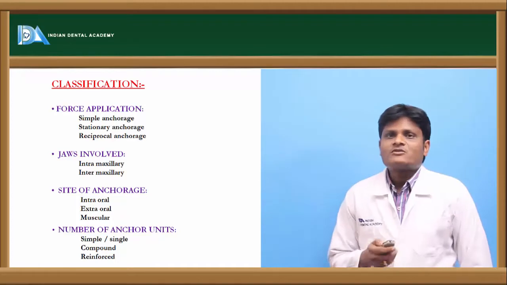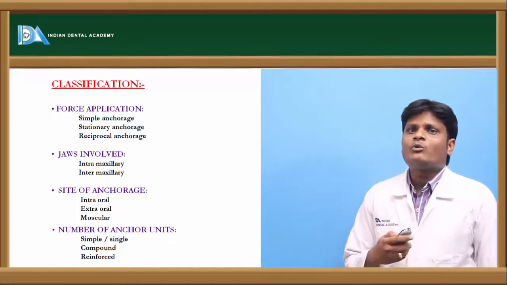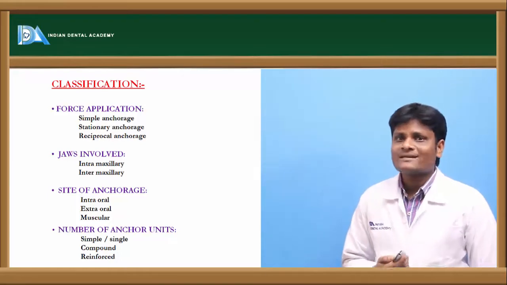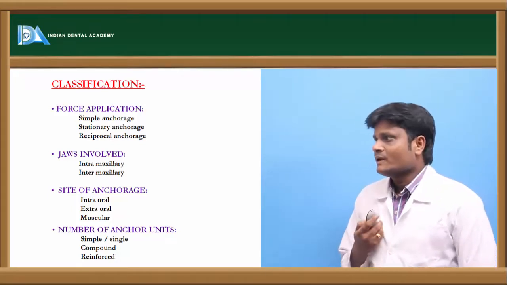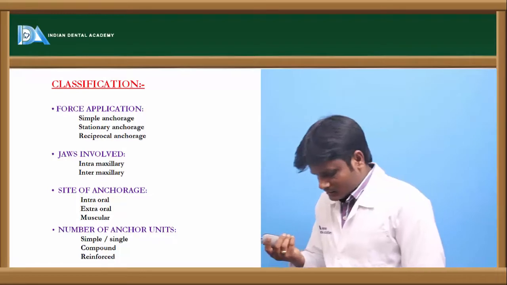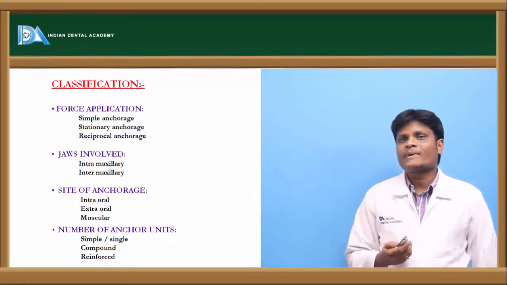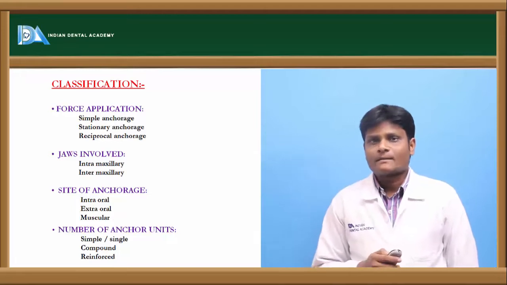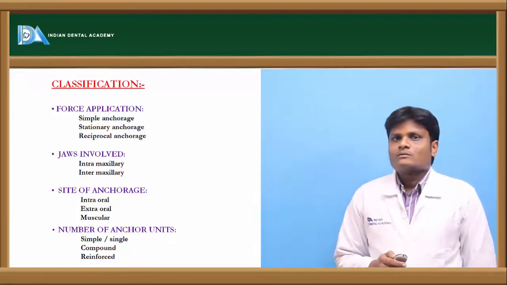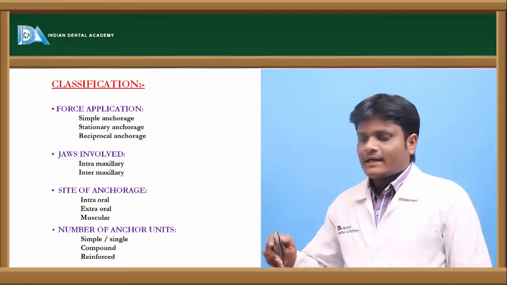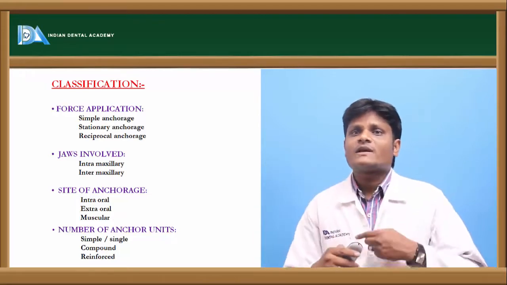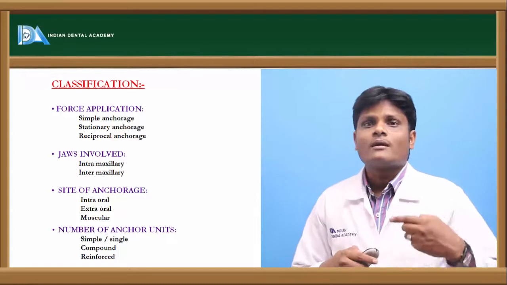So the anchorage which we use in order to move a single tooth to bring about tipping movement is called simple anchorage. The tooth movement being effected is tipping movement here. Now, the root surface area of the anchorage unit here should be double the root surface area of the tooth that is to be moved.